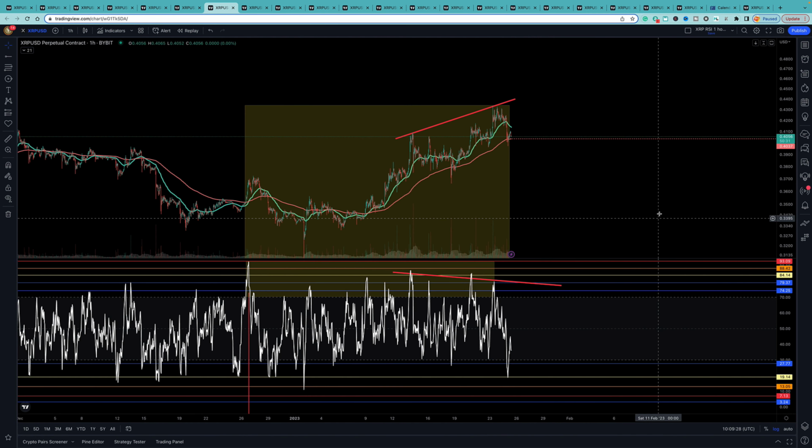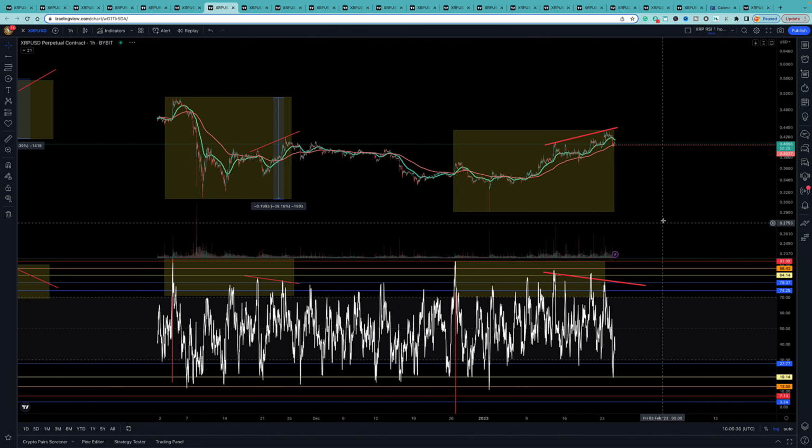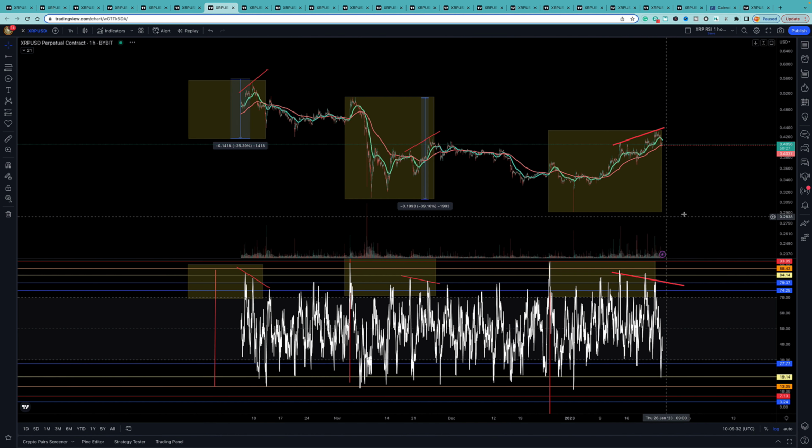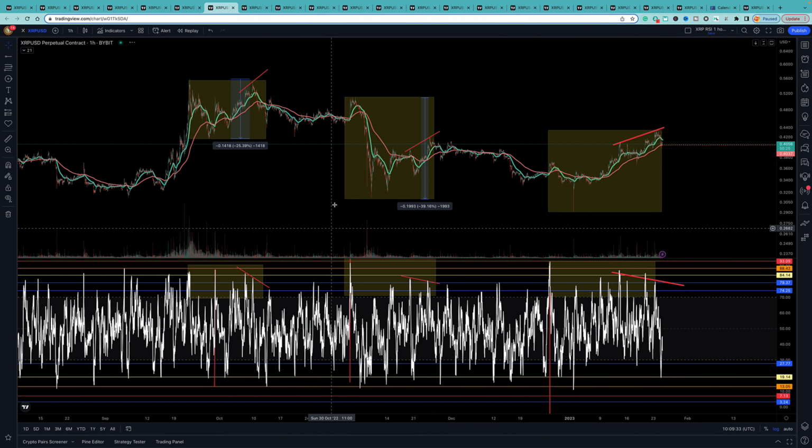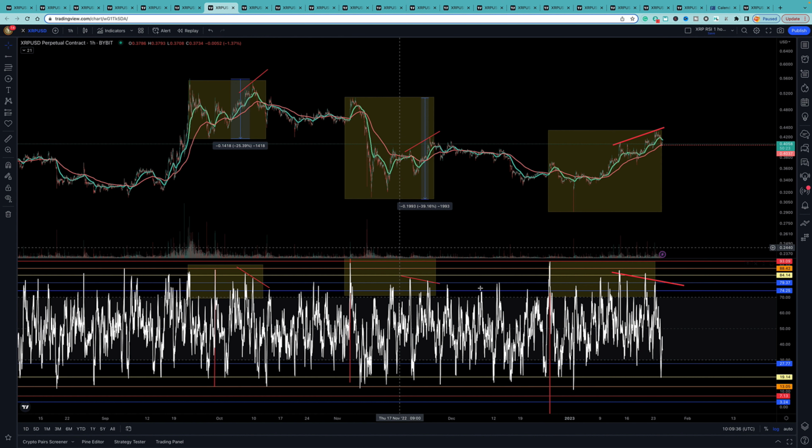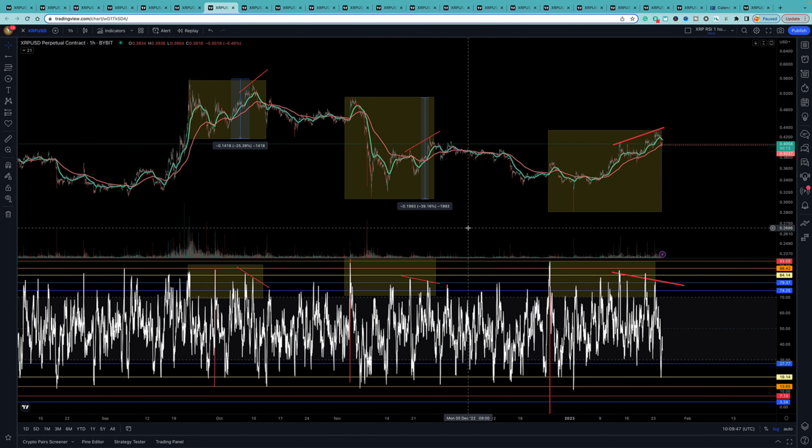So yes, and now on this chart, what I've done here is, while we're here, you can see what I've charted out. Here's the overbought, here's the oversold. The blue lines are where I've gone back and back tested this historically.